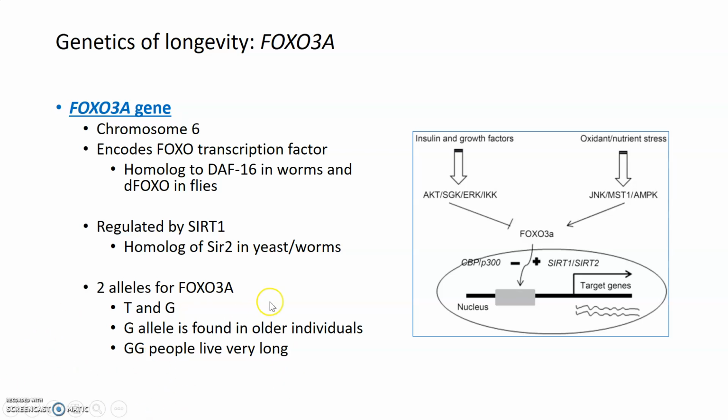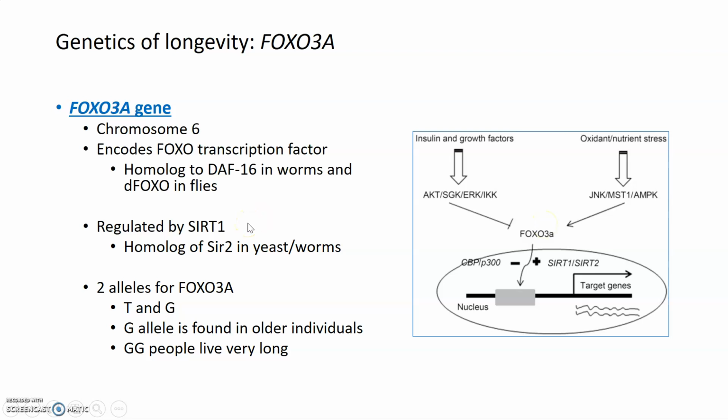And as I will remind you, FOXO3A, as well as DAF16 and D-FOXO, are activated in response to insulin signaling. And so insulin signaling can basically affect transcription via FOXO3A.